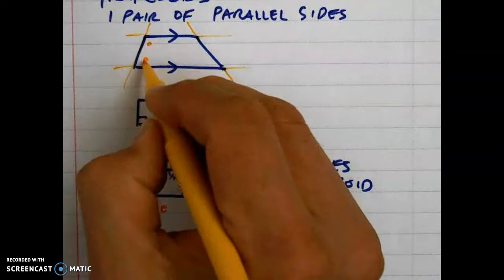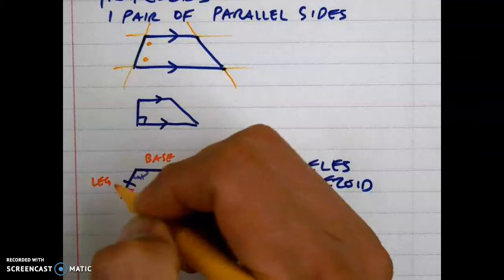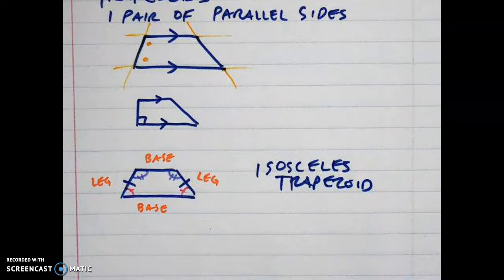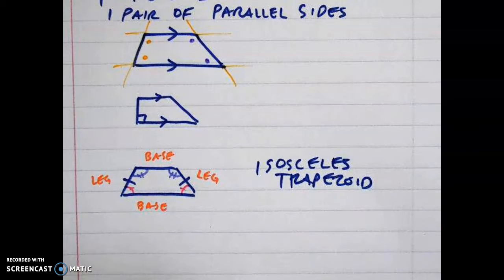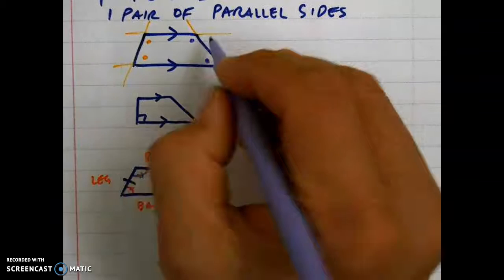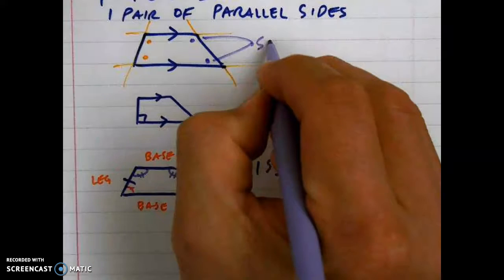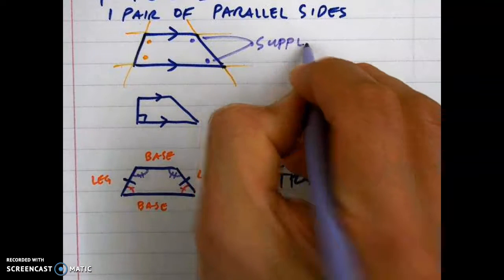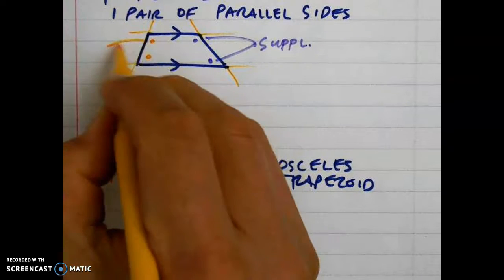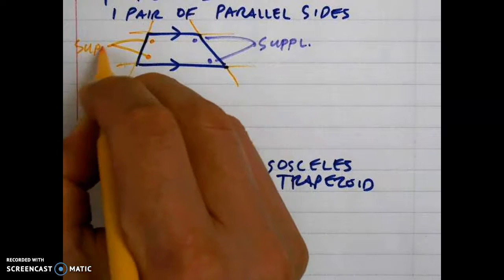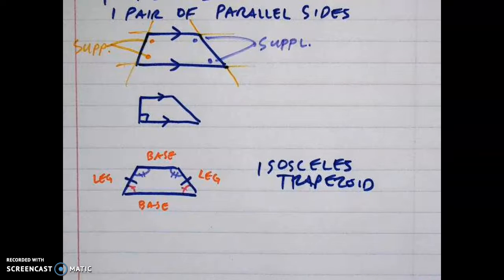So if you add these two angles, they'll add up to 180. What do you know about these two angles? If you add those two up, it'll be 180. Make sense? So these two are supplementary. These two are supplementary. They add up to 180.